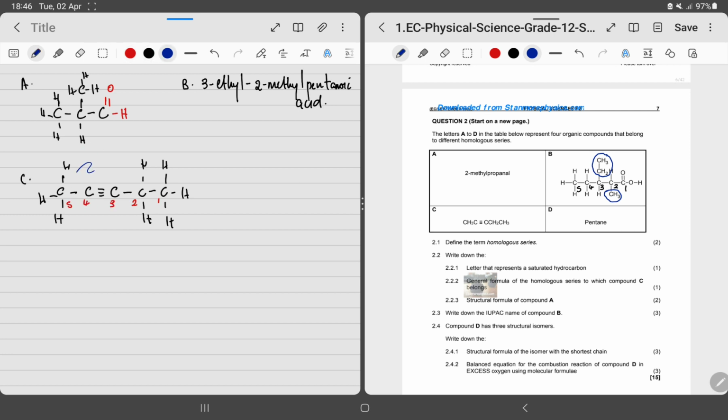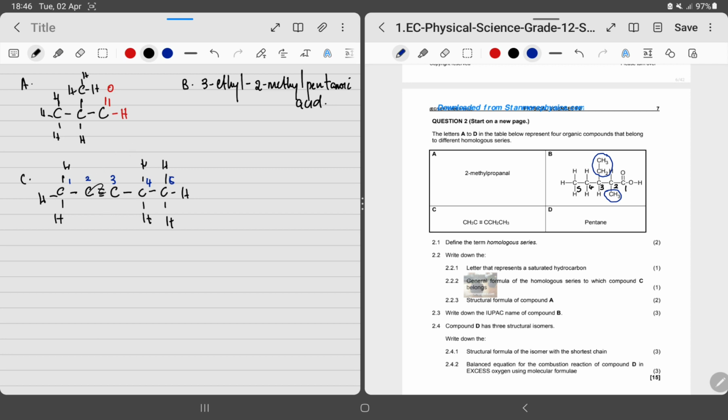Or it can be 1, 2, 3, 4, 5. So it is clear to see that the functional group sits on carbon number 3 when you are numbering using the red pen. It sits on carbon number 2 when you're numbering using the blue pen. So we are going to use the blue pen.